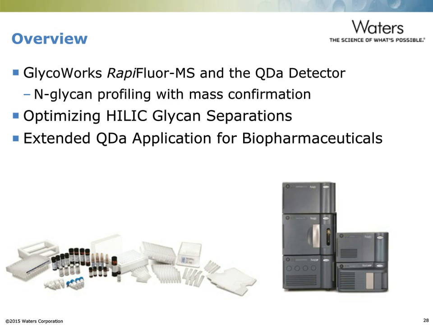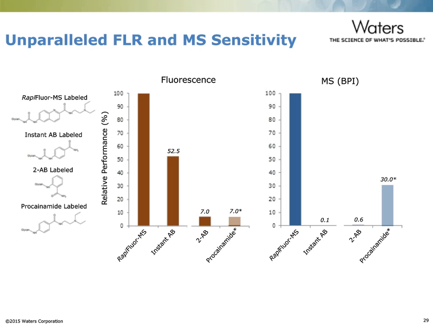So to begin, as Steve mentioned, with RapiFluor-MS, we really sought to improve not only the sample preparation aspects of released N-Glycan analysis, but also some of those aspects that we've commonly heard from our customers as being a challenge. If you look here, we see a comparison of the fluorescence and MS response for a variety of different labels that are commonly used within the biotherapeutic environment.